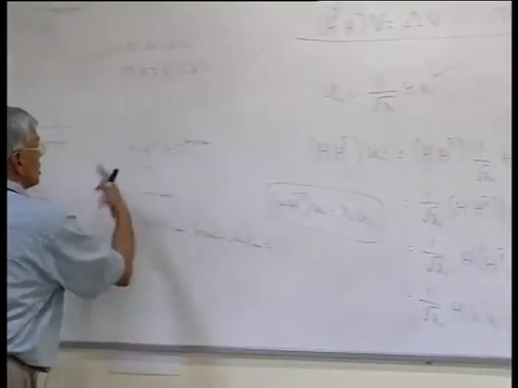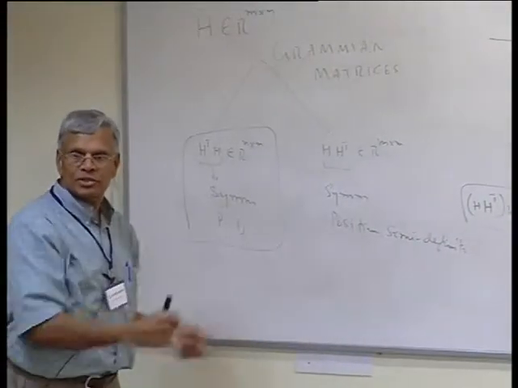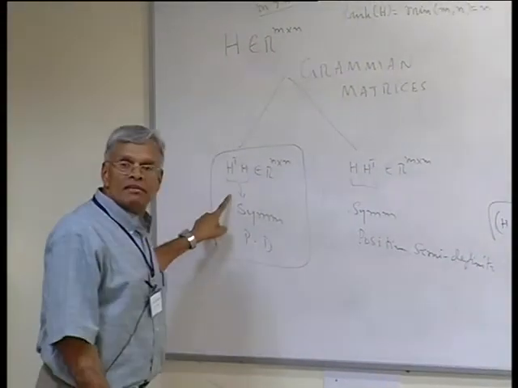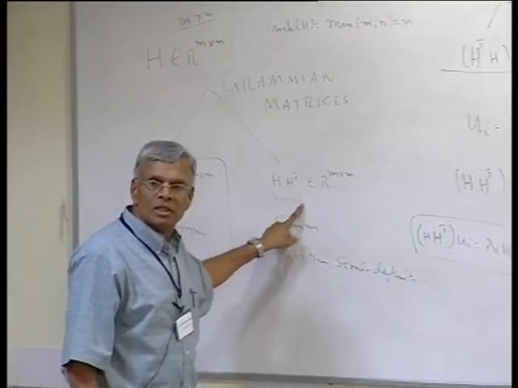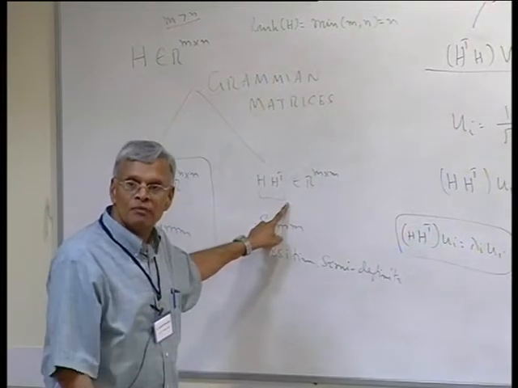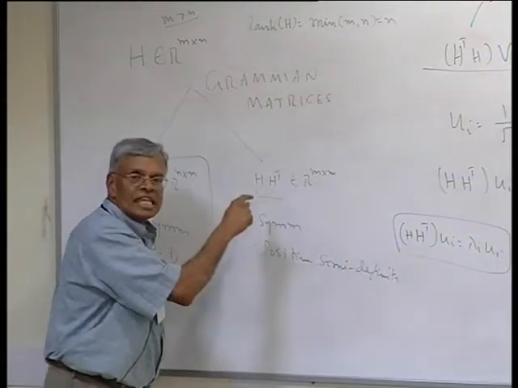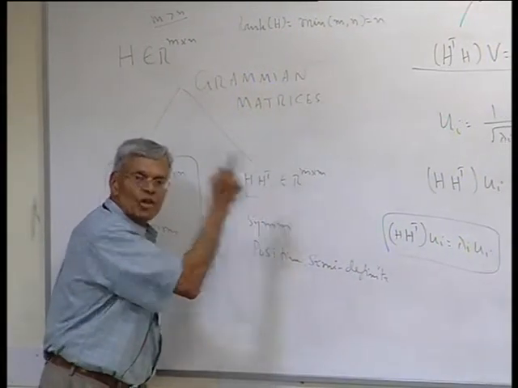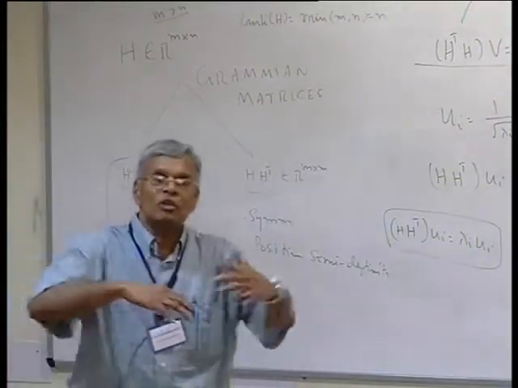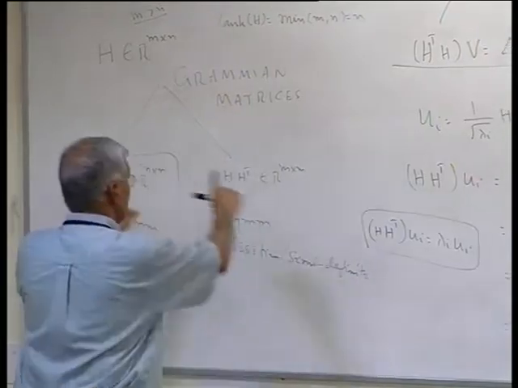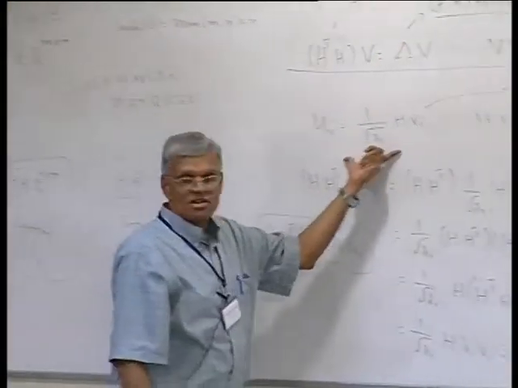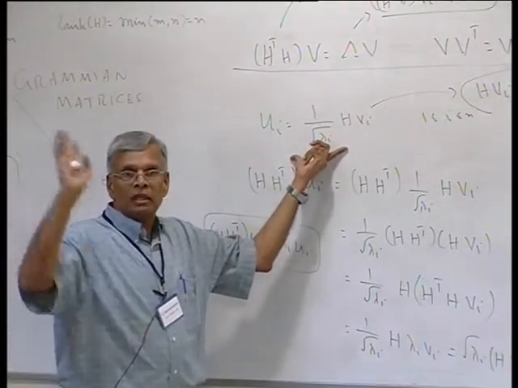Both the Gramians share the same eigenvalues. This is the n-by-n matrix. This has n non-zero eigenvalues. This has m eigenvalues. M is larger than n. So the rest of the m minus n eigenvalues are 0 here. So they share the same non-zero eigenvalues. The eigenvectors are related by linear transformation.